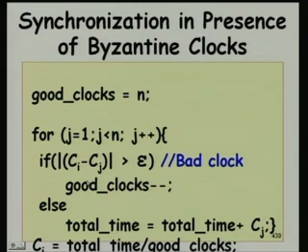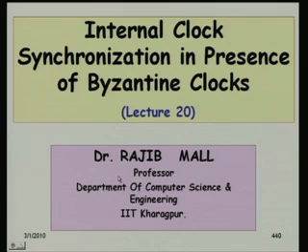So, that will be total time divided by the number of good clocks. Ci is its own time, and Cj is the time received from all the other n minus 1 clocks. So, it will average out the time values of n minus 1 clocks, add its own time, and then average it out.